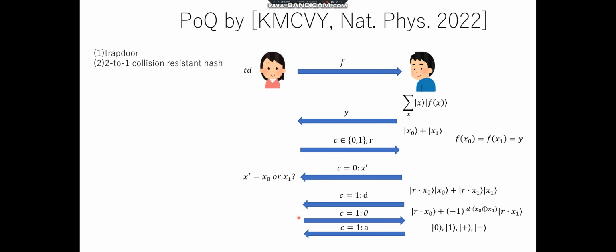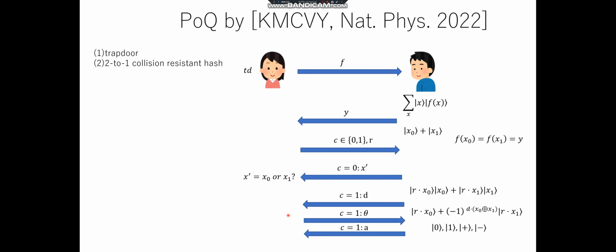Then the verifier sends a certain angle theta to the prover, and the prover measures this single qubit state in this basis and returns the measurement result A. If these d, theta, and A satisfy certain conditions, then the verifier accepts.